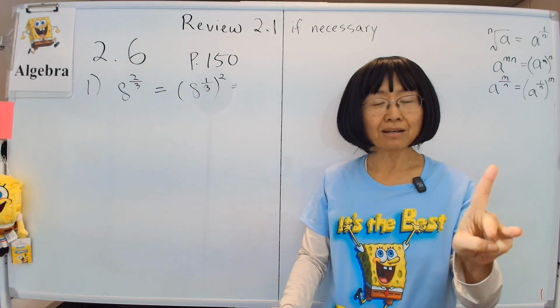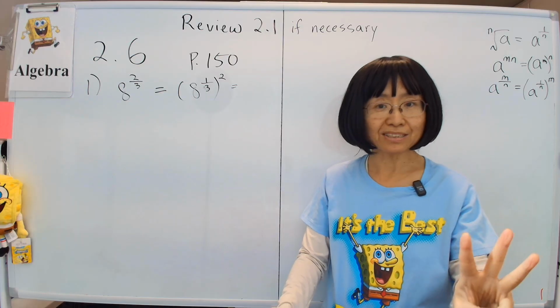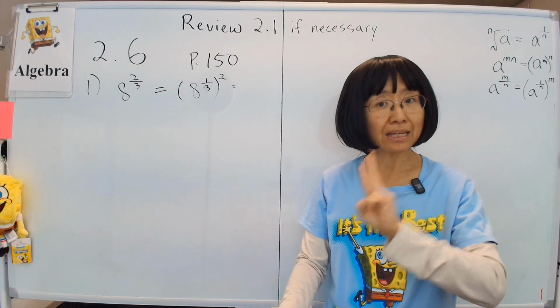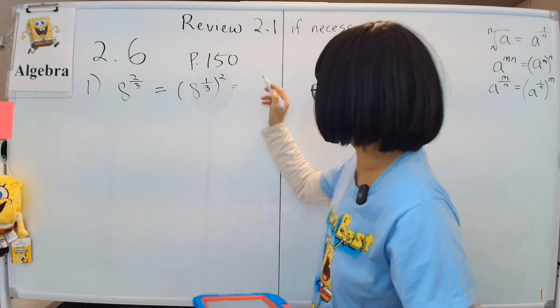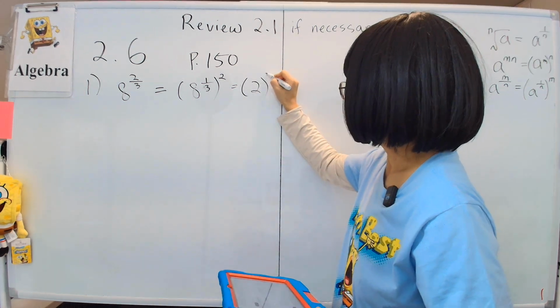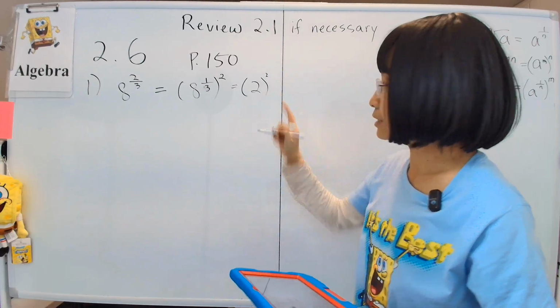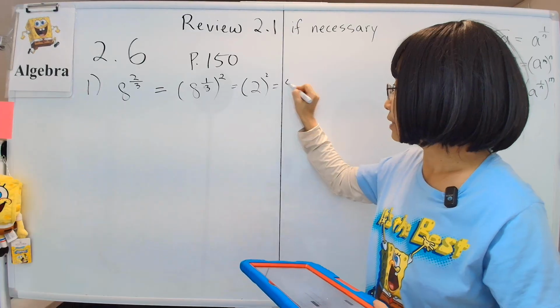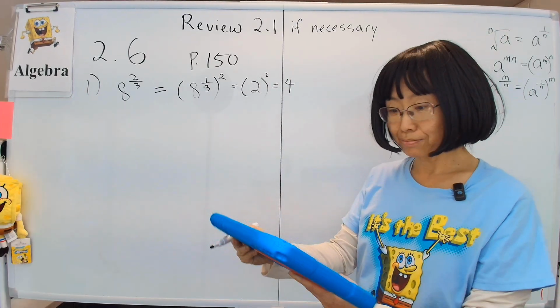Let's try 1. 1 times 1 times 1 is just 1, so we're getting nowhere. Try 2. 2 times 2 times 2 is 8. Okay, so our second attempt is successful. So 8 to the power 1/3 is just 2. Then 2 times 2, and now we are just left with doing 2 squared, and that is equal to 4. And that is how this problem is solved.